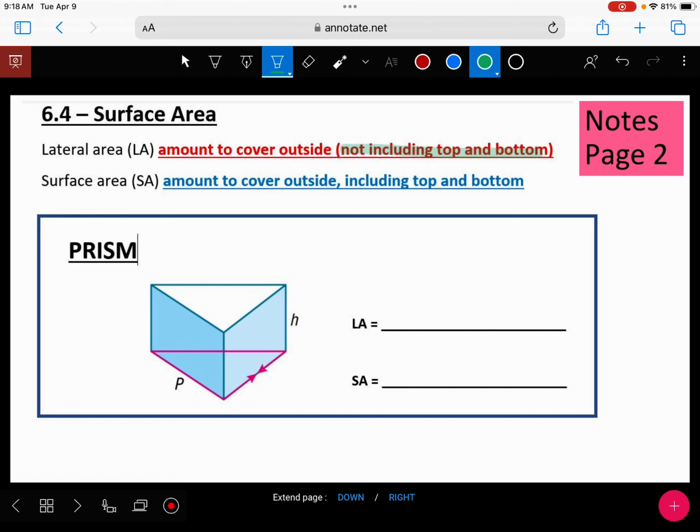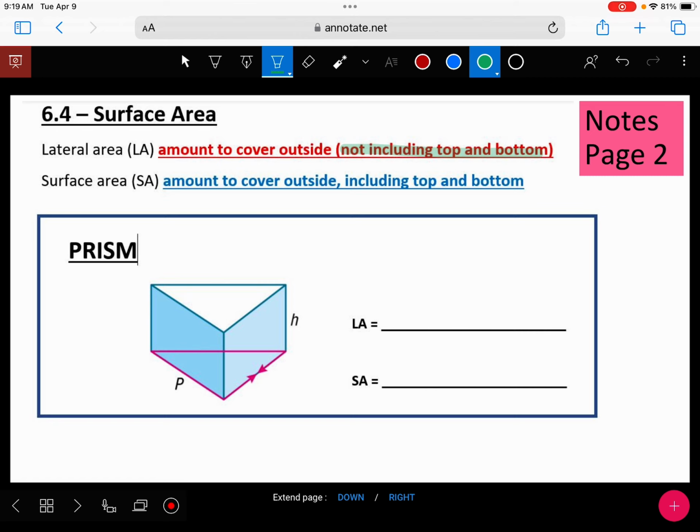So if you think about a can of soup, the label goes around the can, but they don't put a label on the top and bottom of the can. So that's an example of lateral area. When you wrap a present, though, you normally cover the entire box. That's surface area. So it's important that you can tell the difference between those 2.